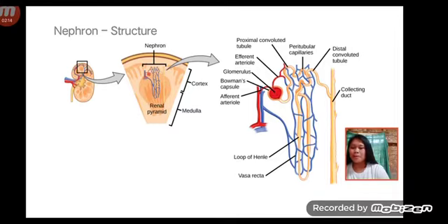And then the loop of Henle, the part of the kidney tubule which forms a long loop in the medulla of the kidney, from which water and salts are reabsorbed into the blood. And then the vasa recta.